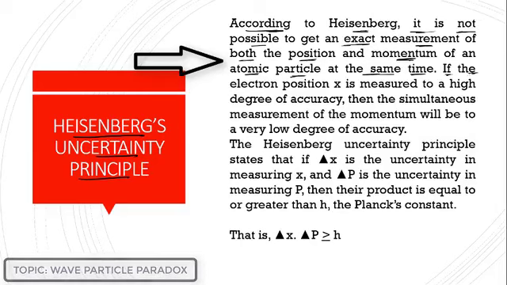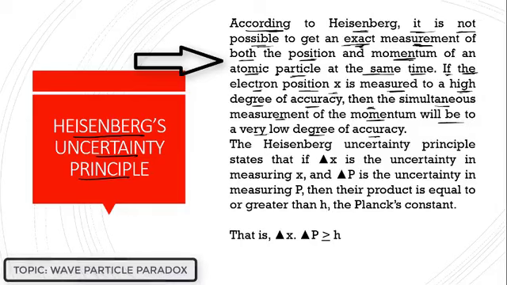If the electron position, which is x, is measured to a high degree of accuracy, then the simultaneous measurement of the momentum will be to a very low degree of accuracy. The main principle of Heisenberg's uncertainty principle is that it is impossible to get the precise or exact measurement of both the position and momentum of an atomic particle at the same time.